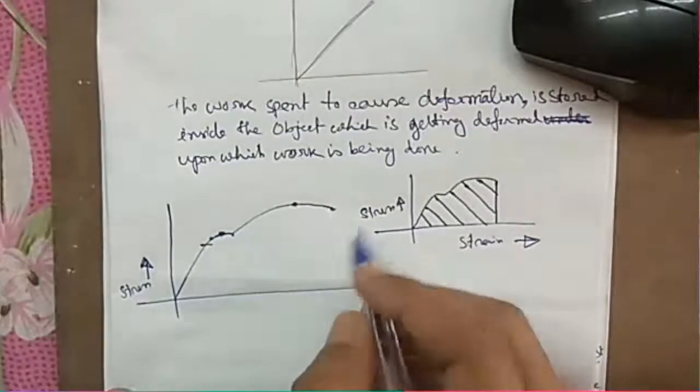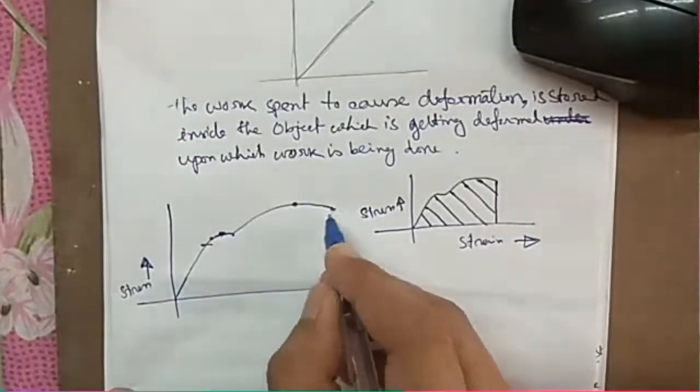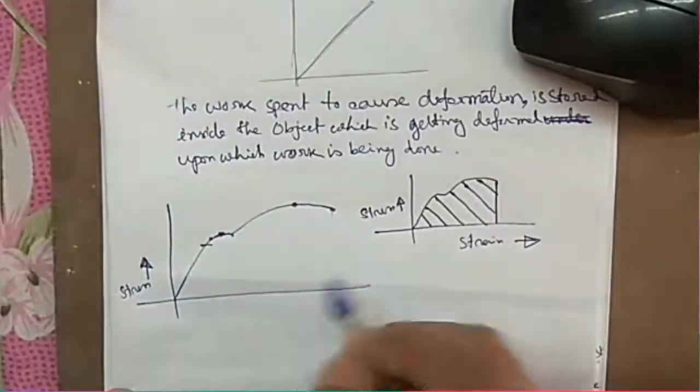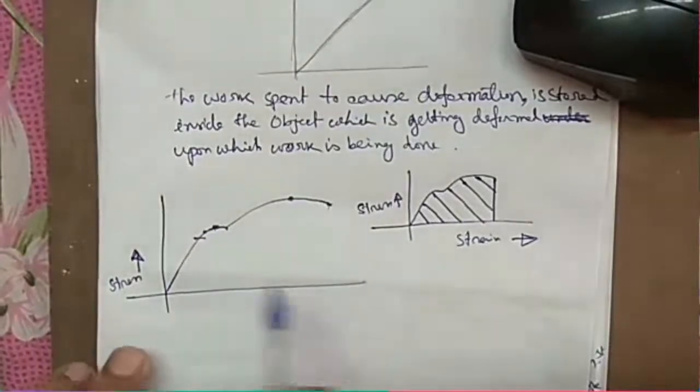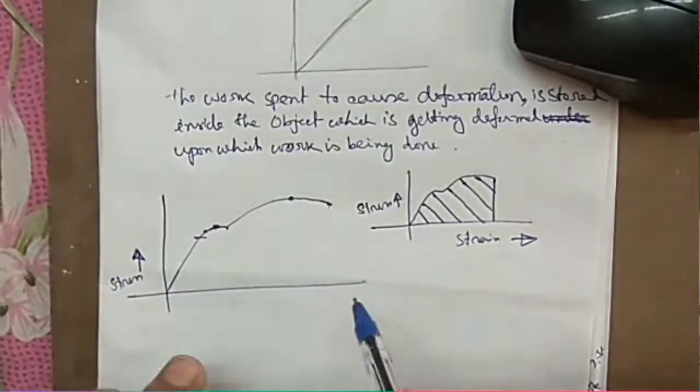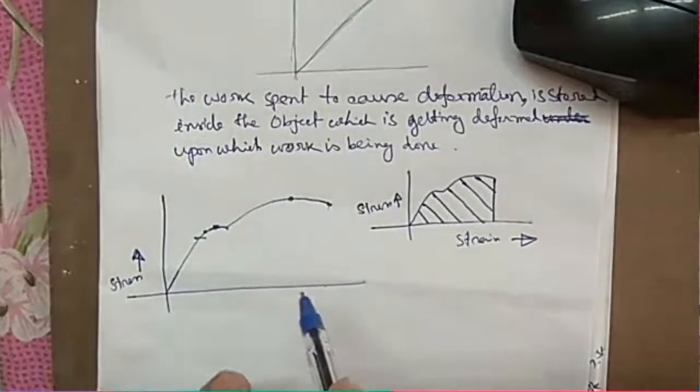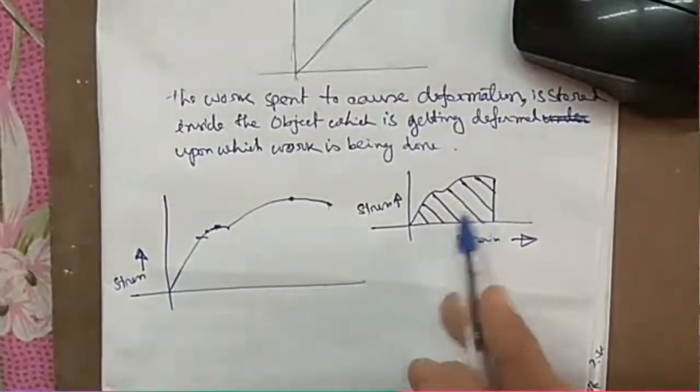At this breaking point the material breaks, so the total energy absorbed is the total strain energy that can be stored. So the total work to break this material is represented by this shaded area.